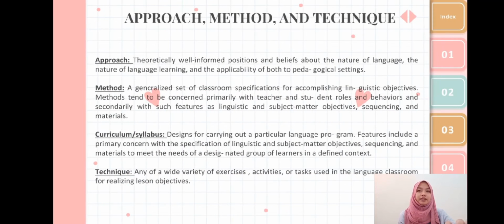The next material is about approach, method, and technique. You can see the definitions of approach, method, and technique in this slide. So I'm going to explain the approach. In the century spanning the mid-1880s to the mid-1980s, the language teaching profession was involved in research.